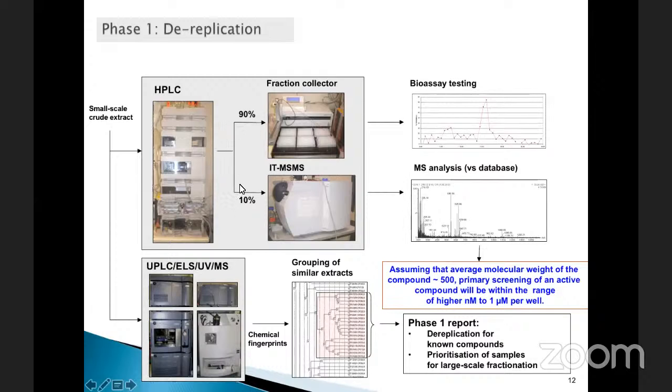We divide the flow. 10% only used to go to the mass spec, and 90% we used to send for the bioassay test. Why I'm discussing this is because I'm telling you the workflow, where earlier we used to spend 6 months. Now in 6 days, I would say, or 1 or 2 weeks maximum, we can get the data out of it.